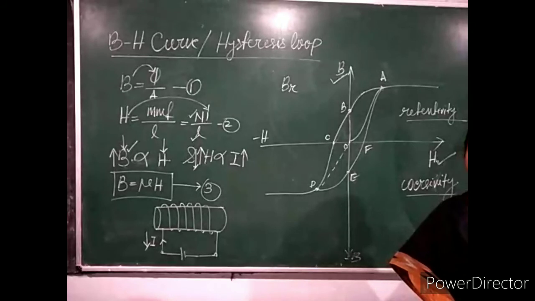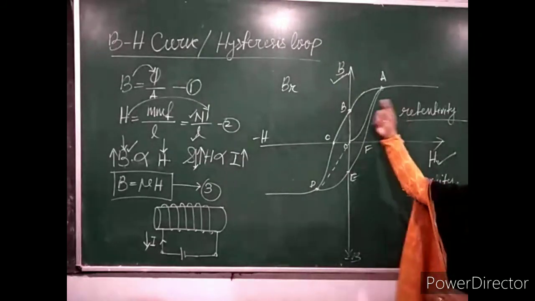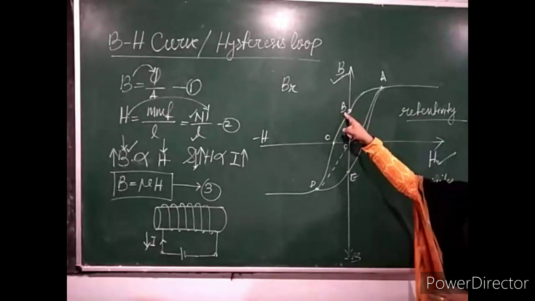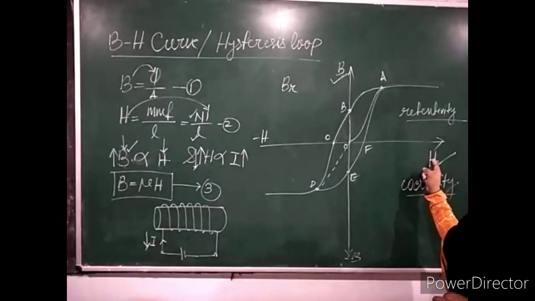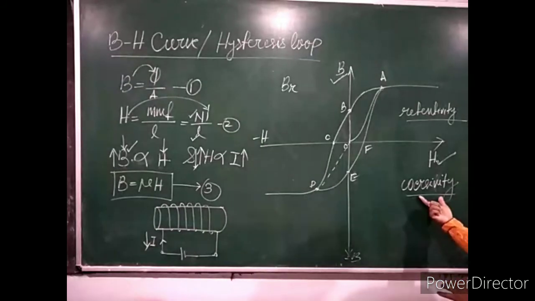Then what is hysteresis? Hysteresis means hindering or lagging of magnetic flux density behind magnetic flux intensity. In the whole curve, you see that magnetic flux density lags behind magnetic flux intensity. Then next, what is coercivity?